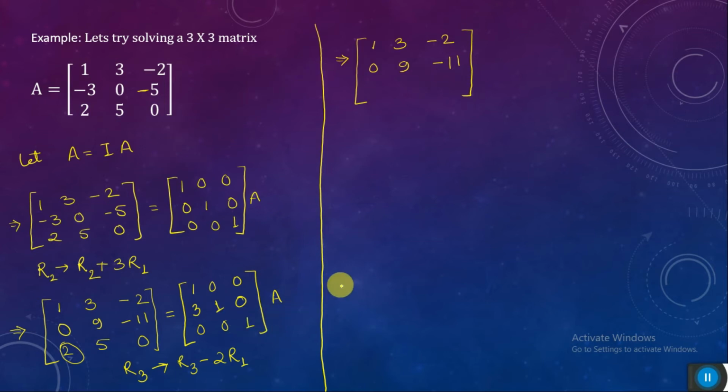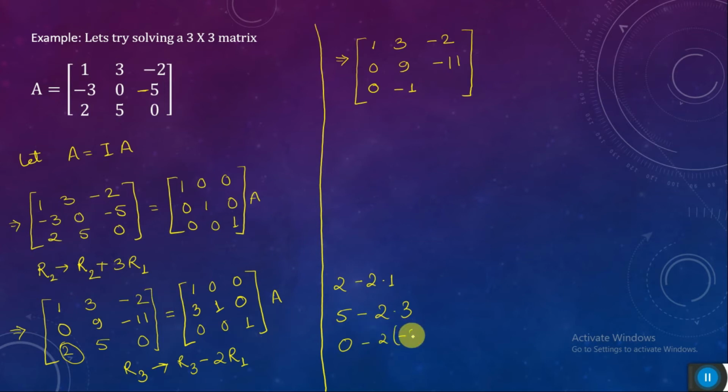So row 3 has 2: row 3 minus 2 times row 1, which is 1. So that is 0. Row 3 is 5 minus 2 times 3, right? So 5 minus 6 is minus 1. Now the last element is 0 minus 2 times row 1.